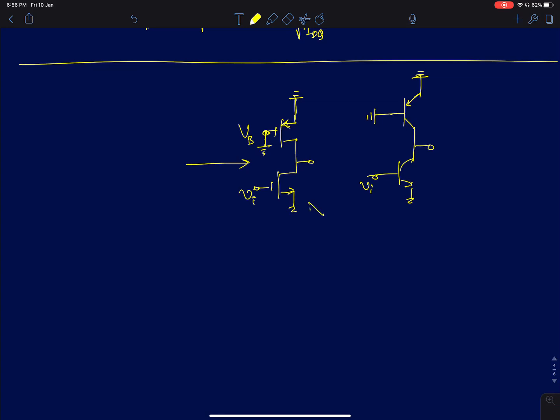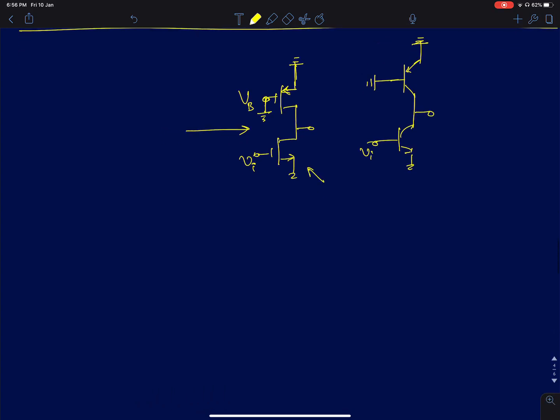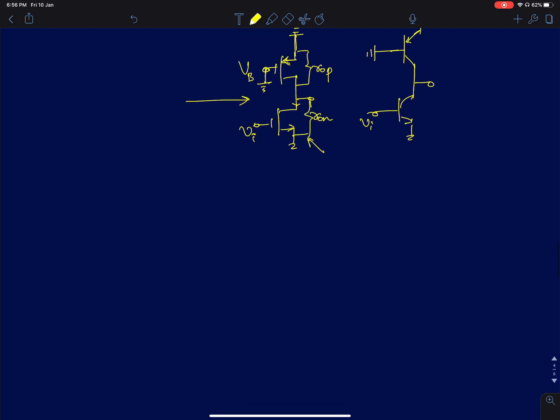Now, the gain of this stage is given by, looking at the impedance here, it's going to be R naught PMOS and R naught NMOS. They both will come in parallel. So the gain is simply GM of this device, because input is only applied to this; there is no input applied to the source of the PMOS device, which is the load. It's going to be minus GM into RON parallel ROP, because both are towards the ground and this is the common terminal.